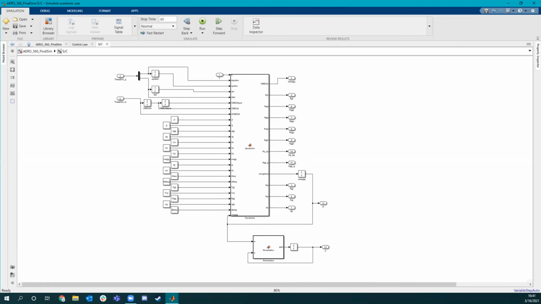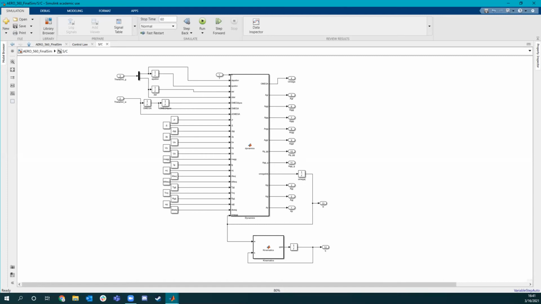So the dynamics block takes in the gimbal rates and the rotor acceleration that the steering law will calculate, as well as the initial conditions such as location of each CMG and the inertias for each CMG.